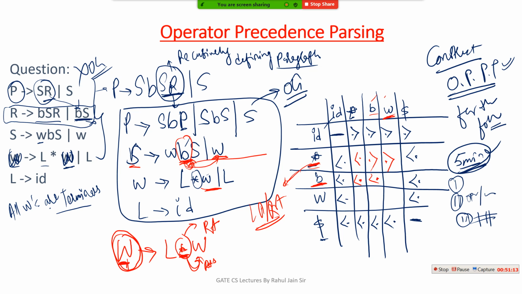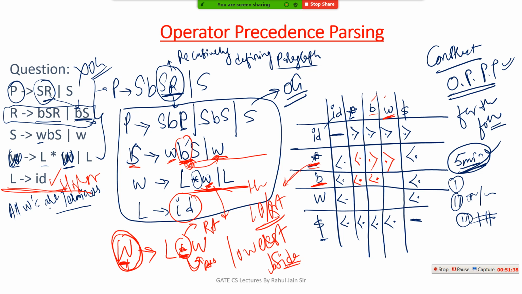But if you compare this B with the lower side W, whatever terminal exists at the lowest side basically has higher precedence. Id basically exists in the lowest position, that is why it has the highest precedence. So in that case, W has higher precedence, so I will write it like that.